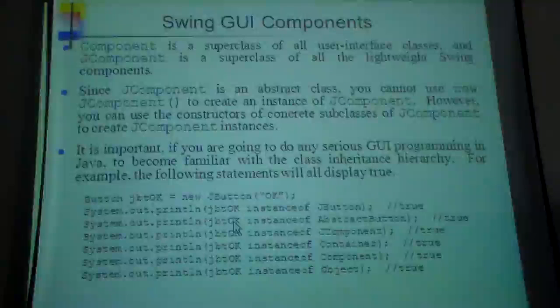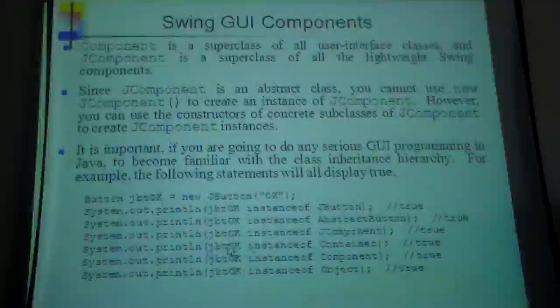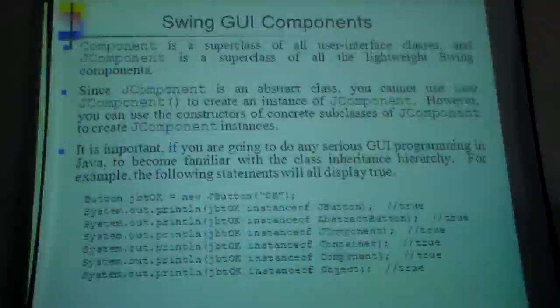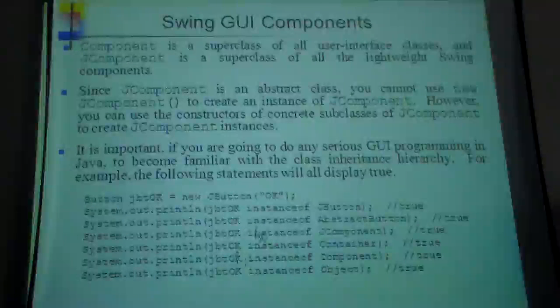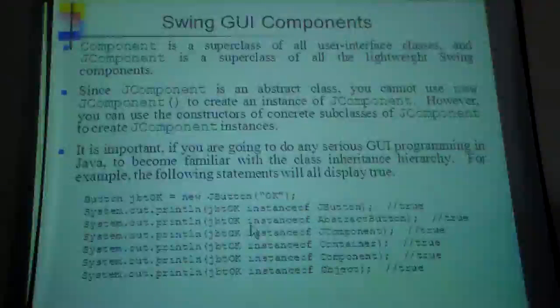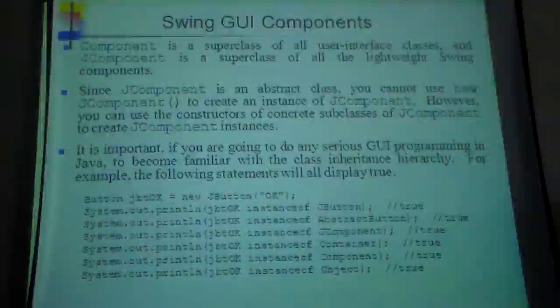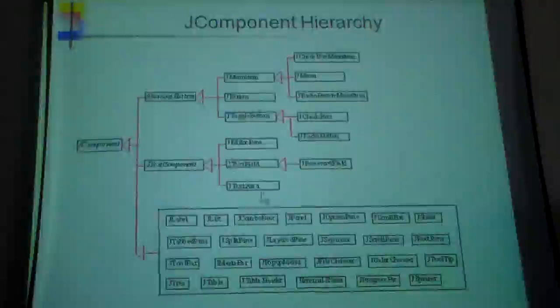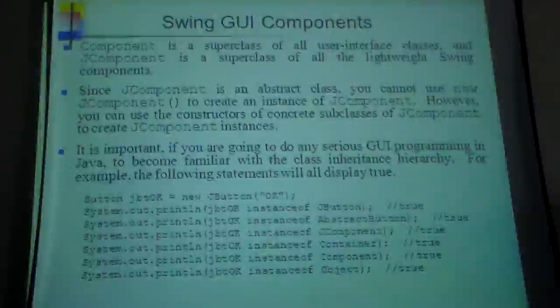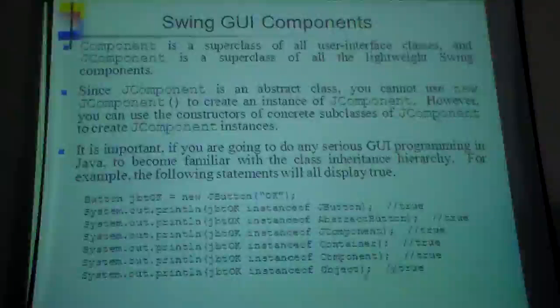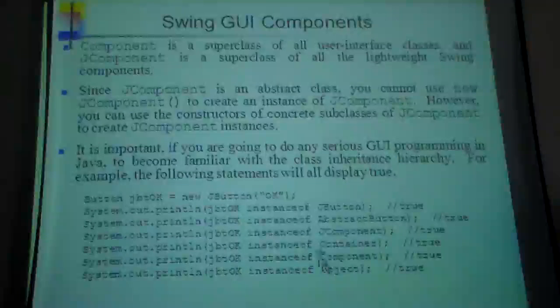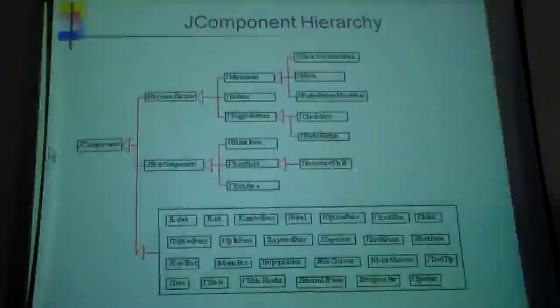So you can also follow the route for JButton instanceof Container. You can see it also inherits from Container, so this is true, and also from Object, which is before.